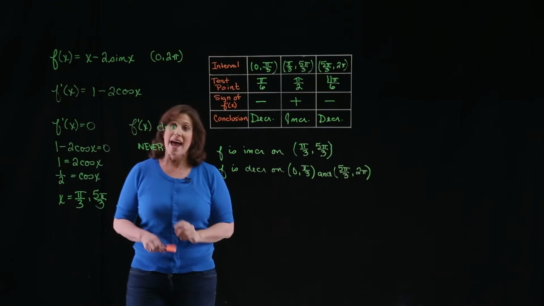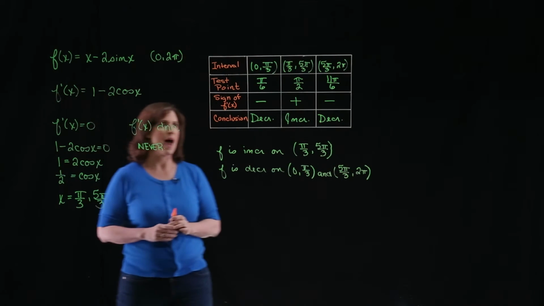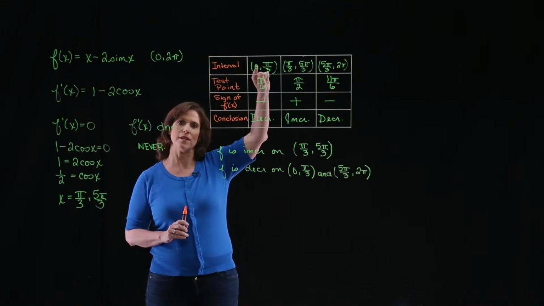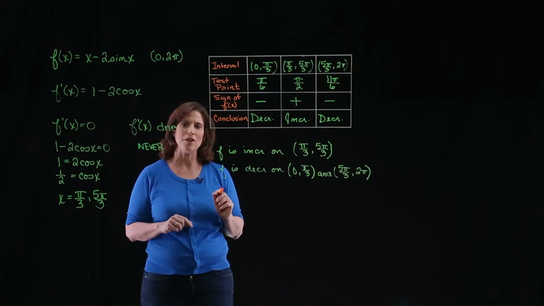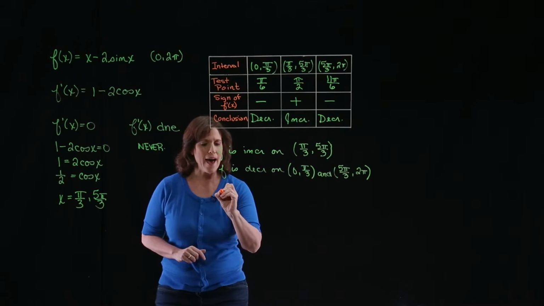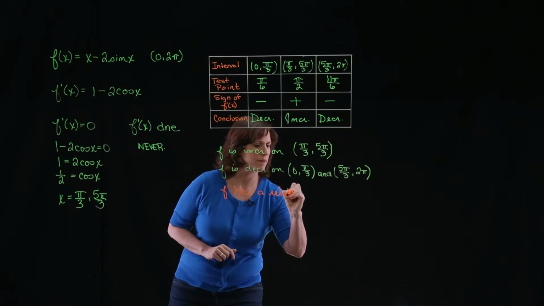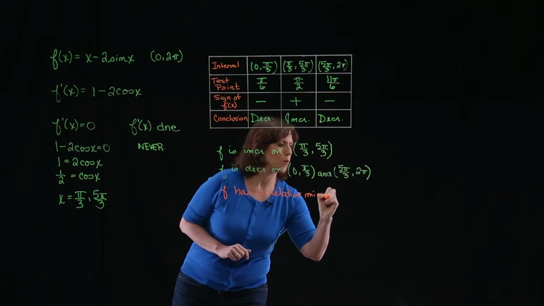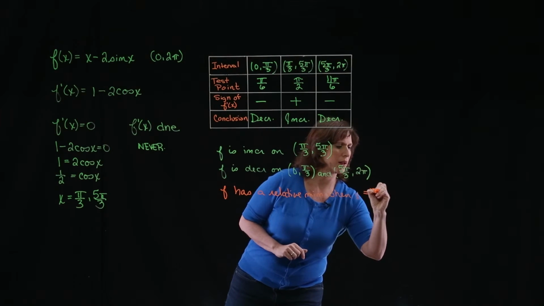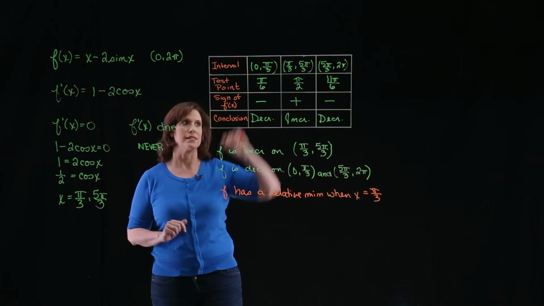Okay, next I want to talk about relative extrema. So when do the relative extrema happen? Well, if you think about it, this graph is decreasing and then all of a sudden it starts to increase again. If you think about that picture in your head, you can see that there will be a relative minimum at that changing point. So f has a relative minimum when x is pi over 3, because that's where it changes from decreasing to increasing.